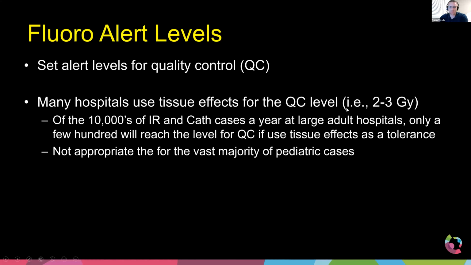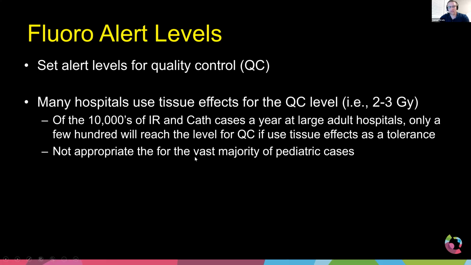Now, most hospitals will set their quality control levels at the tissue effect level, 2, 3, maybe 4 gray. I would say that is okay if you're doing interventional procedures. But if you think about it, in a very busy, large academic hospital you're probably doing tens of thousands of interventional cath lab procedures a year.